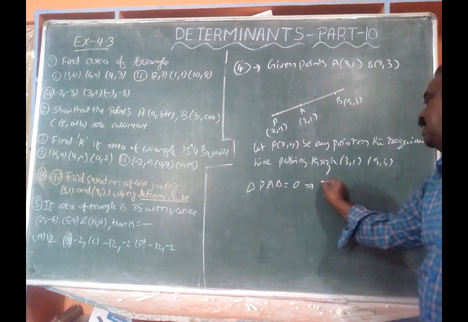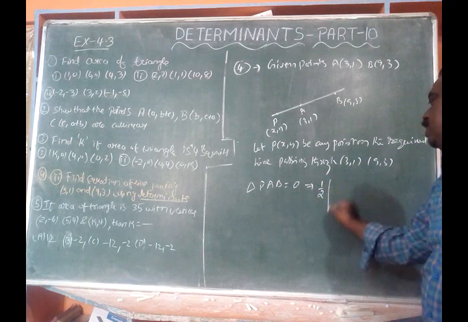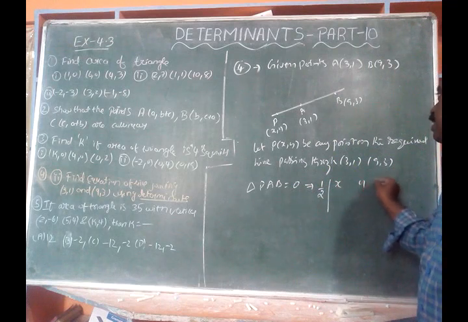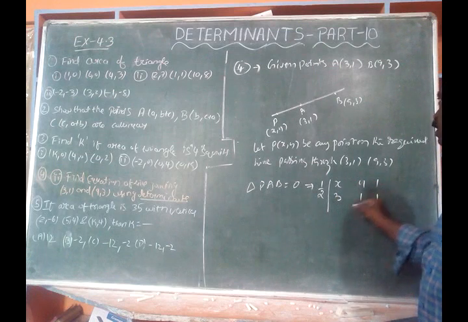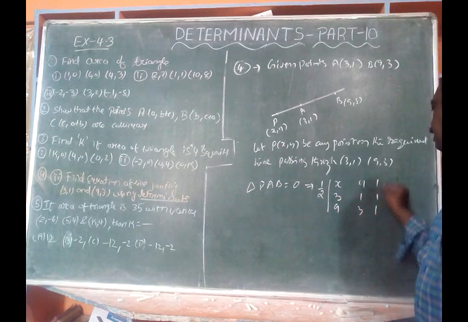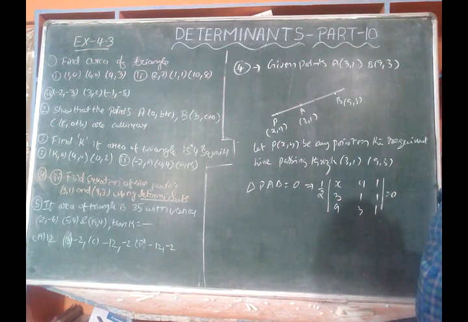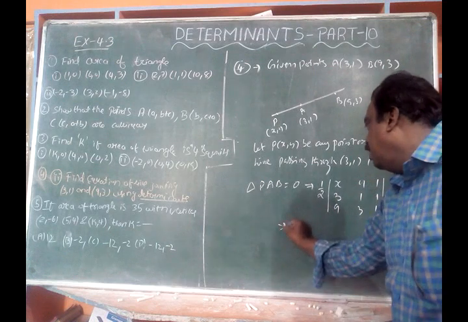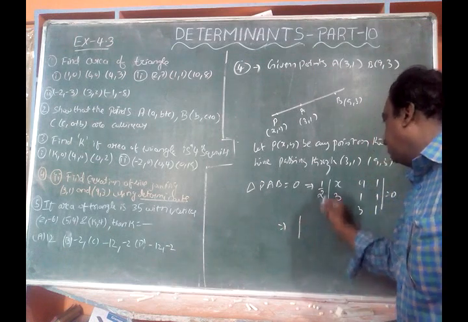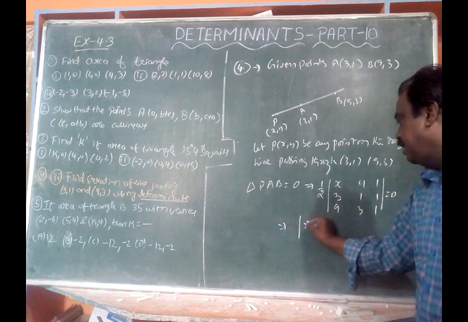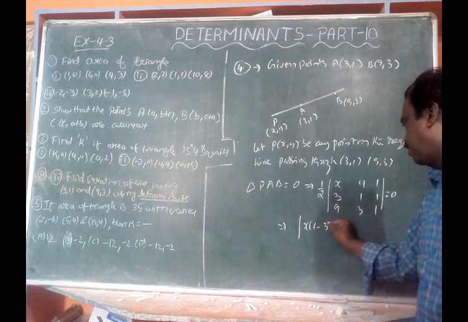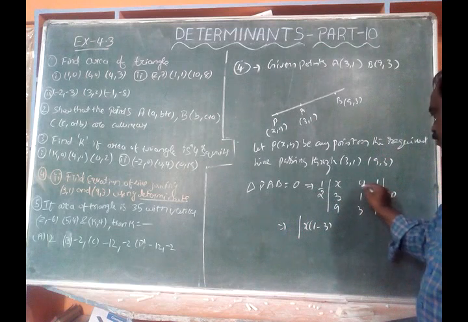So that is 1 by 2 determinant |x, y, 1; 3, 1, 1; 9, 3, 1| is equal to 0. The 2 will come to this side, it is 0. It is x of (1 minus 3), many times I showed.